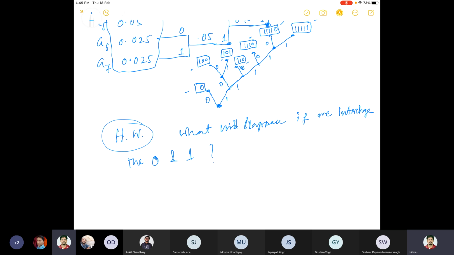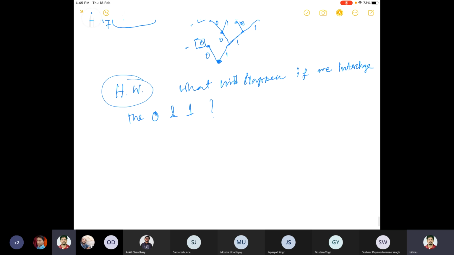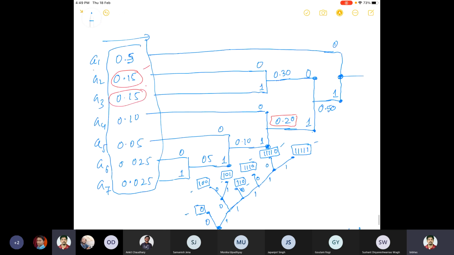Like if the probability lies between 0 and 1, let's say it lies here, or here, or here, what will be the corresponding code word? Nobody knows. You have to generate it, and then only you'll get to know what the code word is. But before doing it, there is no guess.